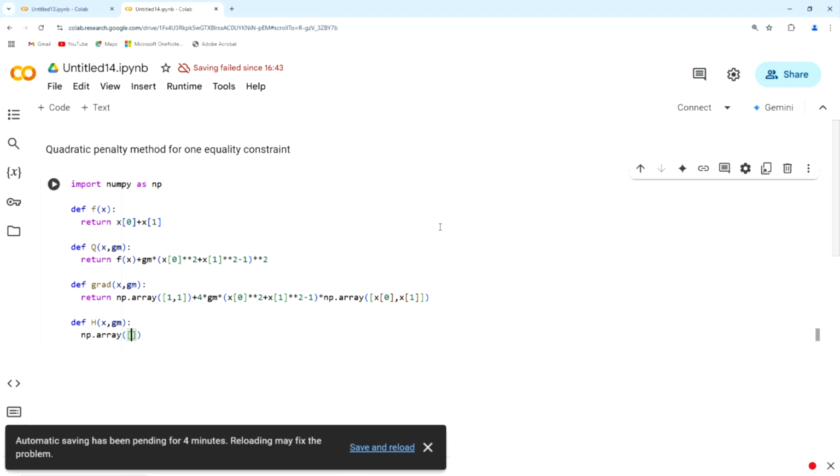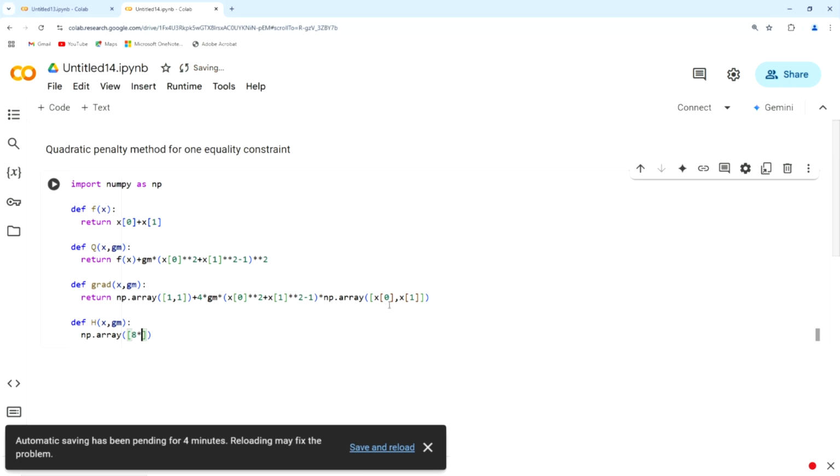The component 0 comma 0 will be the product of x of 0 and this quantity.